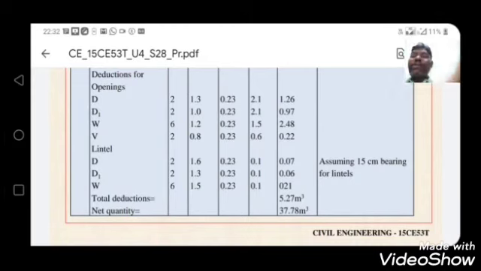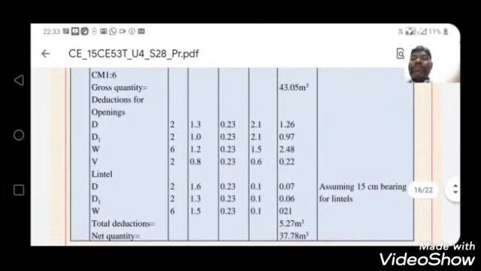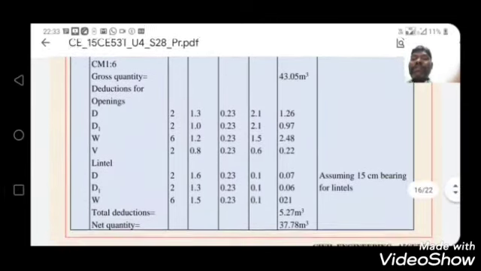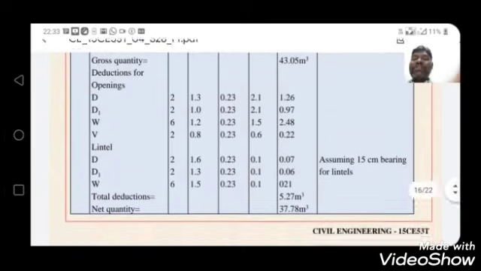W window 6 numbers, 1.5 into 0.23 into 0.1, 0.21 cubic meter. Total deduction is 5.27 meter cube. Net quantity is 43.05 minus 5.27, which is equal to 37.78.